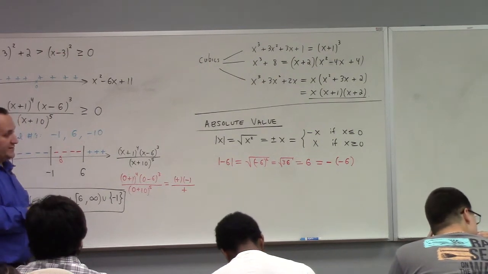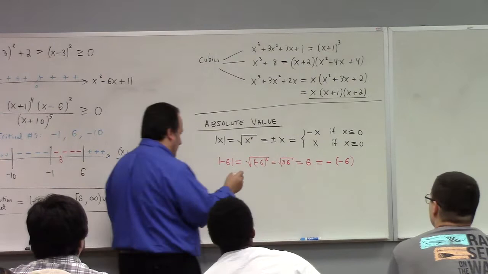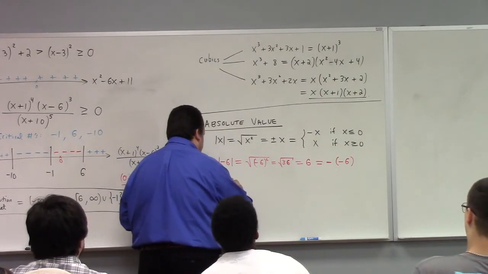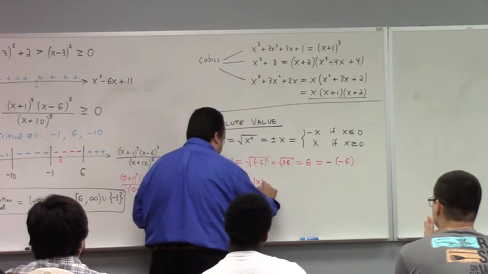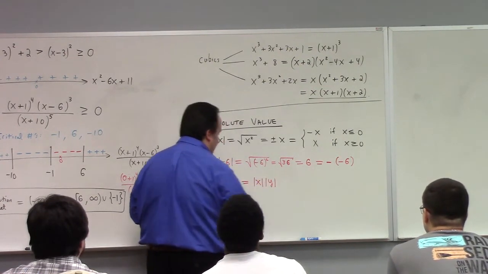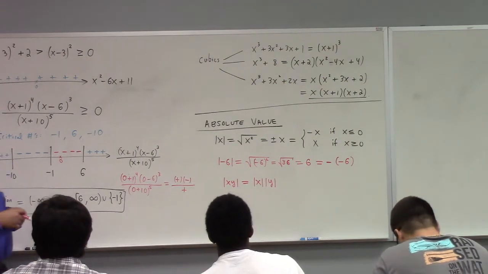All right, so what can you tell me about absolute value? Here's one. The absolute value of x times y is equal to the absolute value of x times the absolute value of y. So the absolute value of a product is the product of the absolute values.